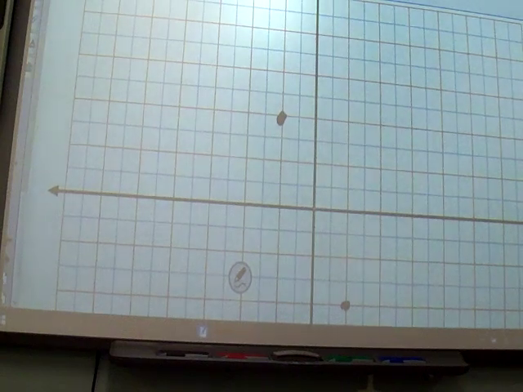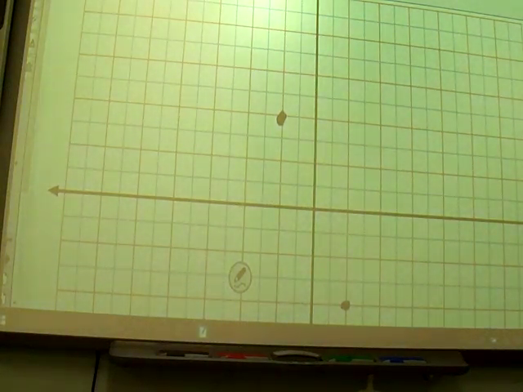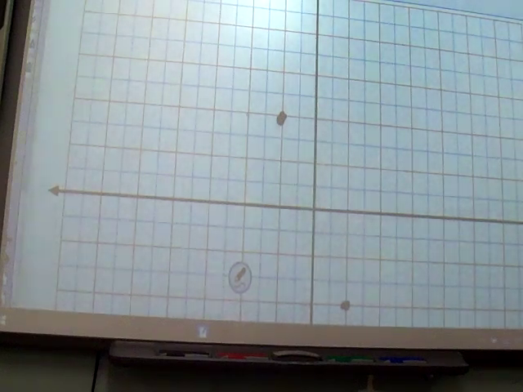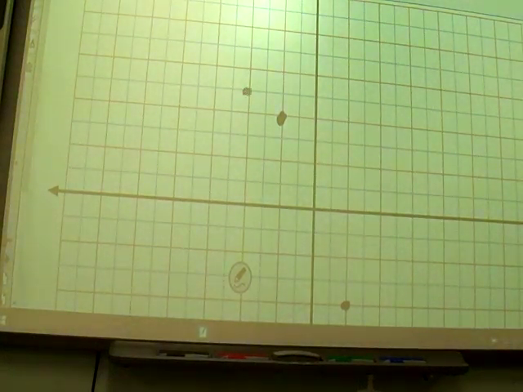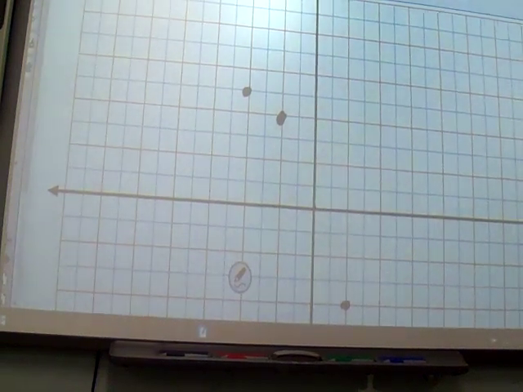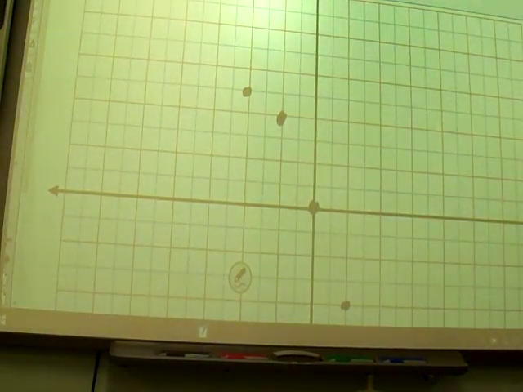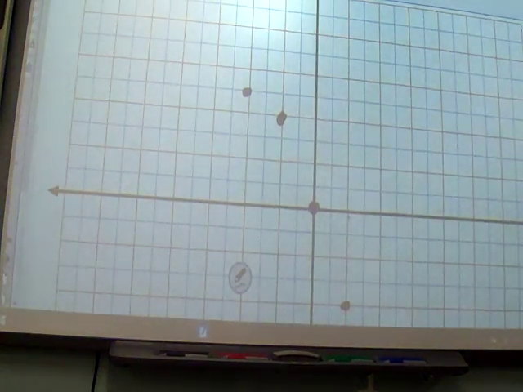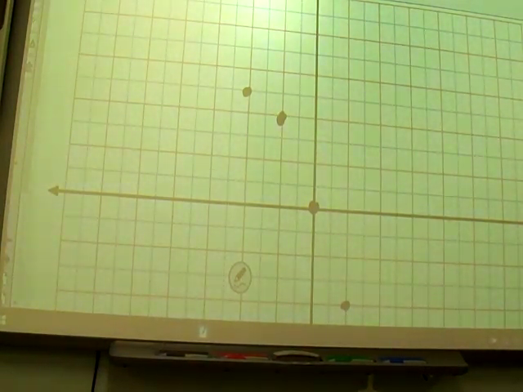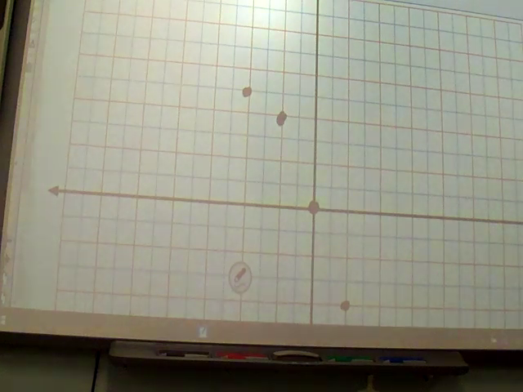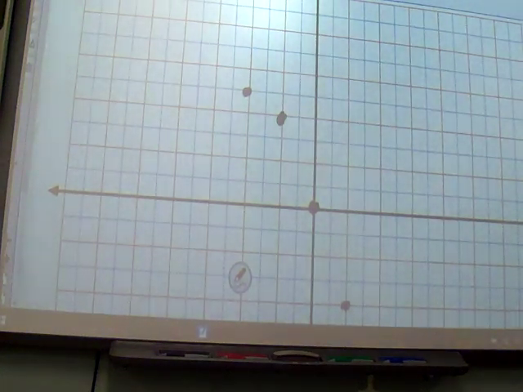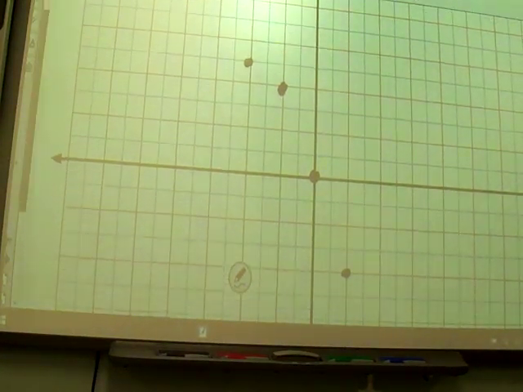Negative 2 and 5 halves. What, 0, 0? Well, is it on your table? Yes. Okay. Negative 8, negative 4. 1, 2, 3, 4, 5, 6, 7, 8. Just put it in there.